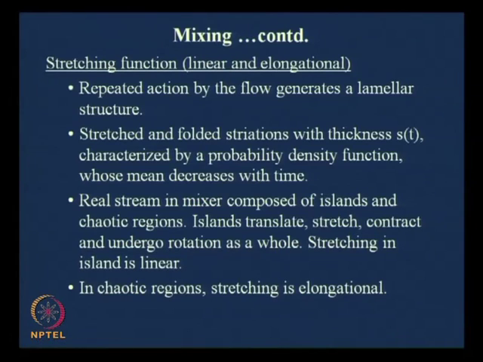Linear is the stretching that takes place because of simple shear, one layer sliding against the other, and the elongational is where 2 points adjacent to each other on average move away from each other at an exponential rate.